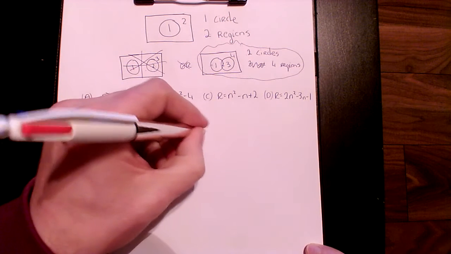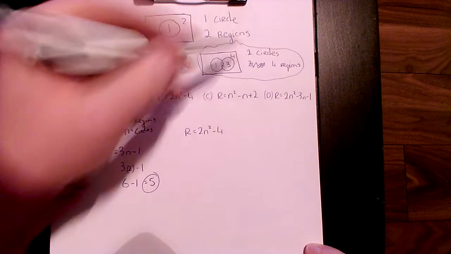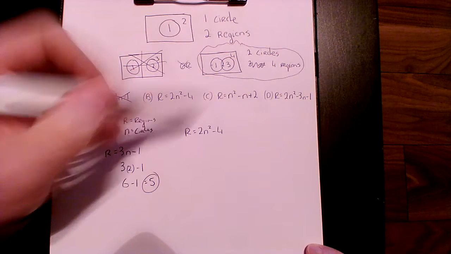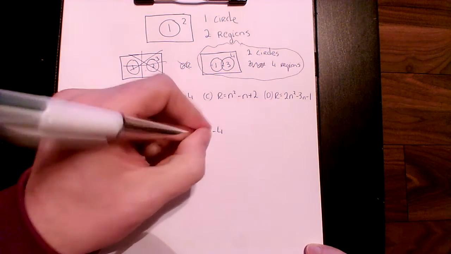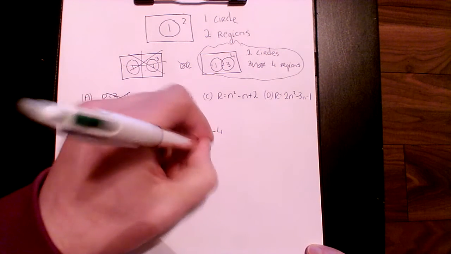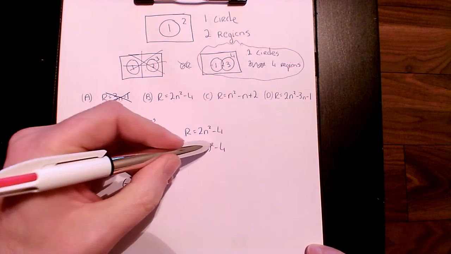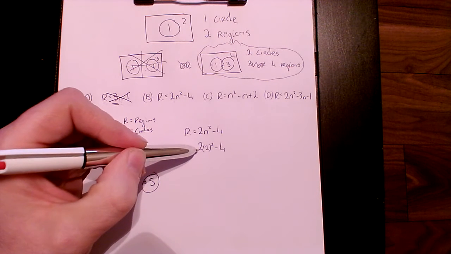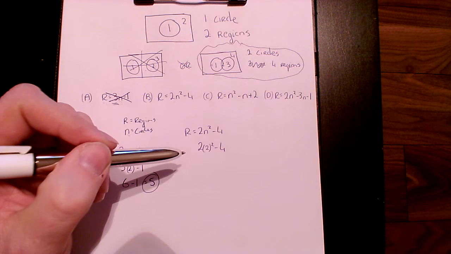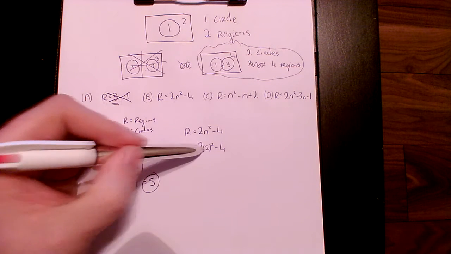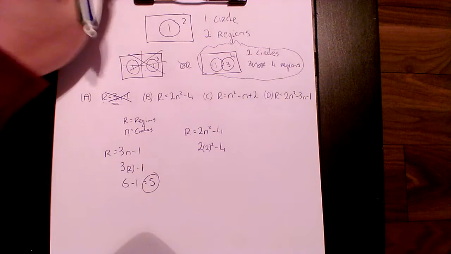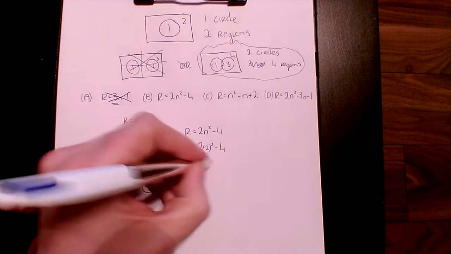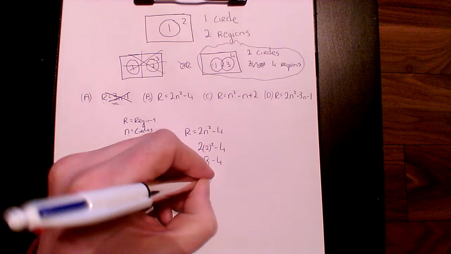Let's try this one. R equals 2n squared minus 4. Again I'm going to put in 2 circles for n, because n is the circles. It should spit me out 4. 2 squared is 4, multiplied by 2 is 8, minus 4, and 8 minus 4 is 4.